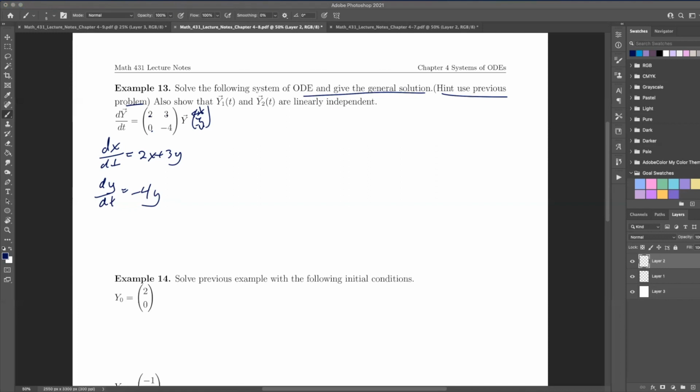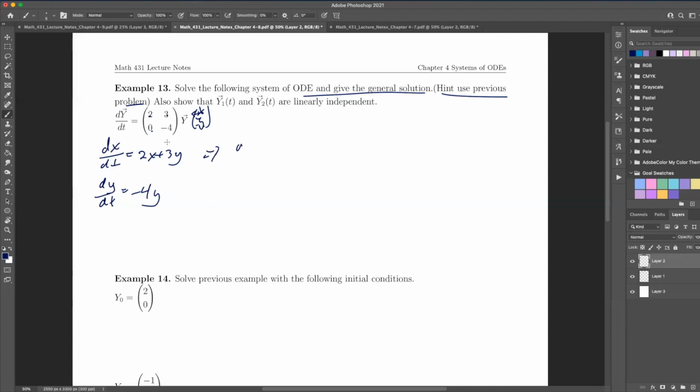And so we want to find two linearly independent solutions. Well, let me see how I can write this to not get people confused. All right. So here, what did we get for solutions?